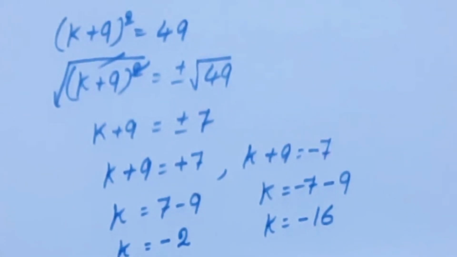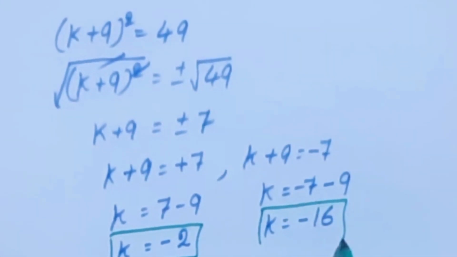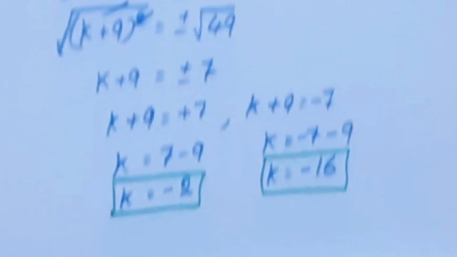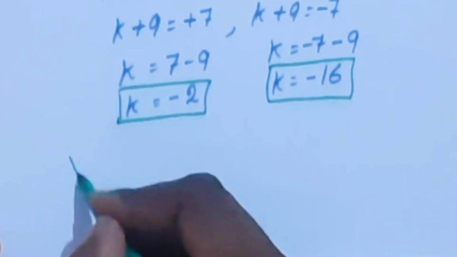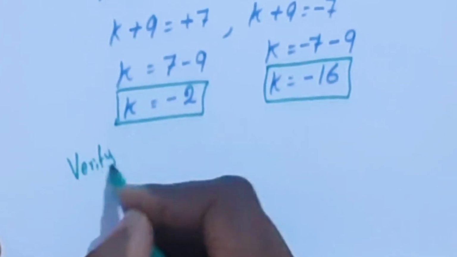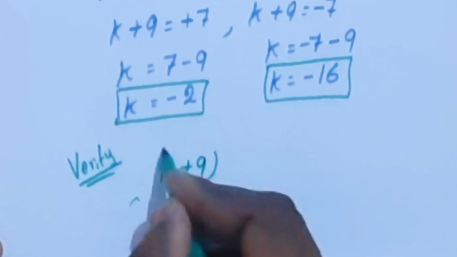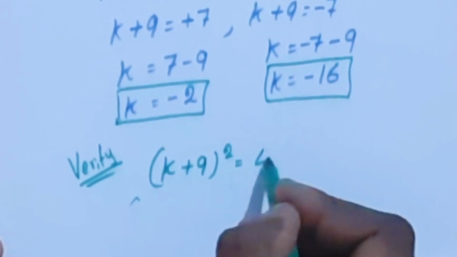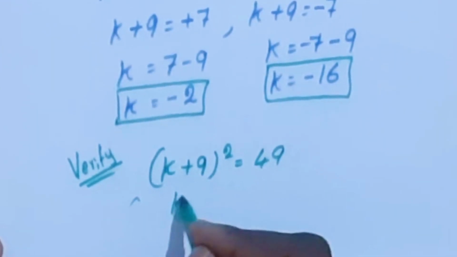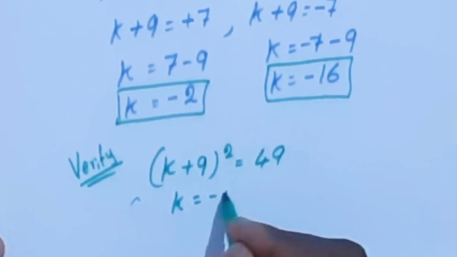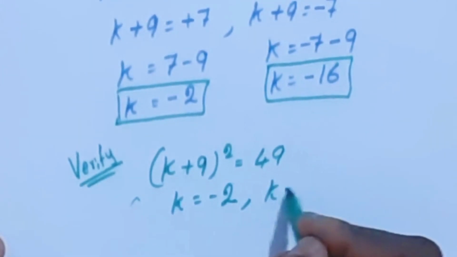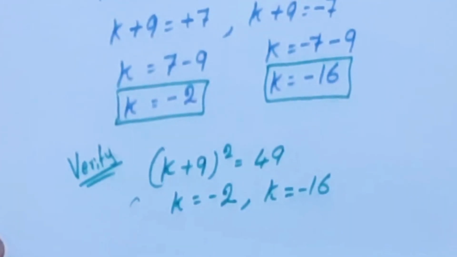These are the possible answers in method 3. Now we are going to verify this. Verify (k + 9)^2 equal to 49. The k values are k equal to minus 2 and k equal to minus 16.